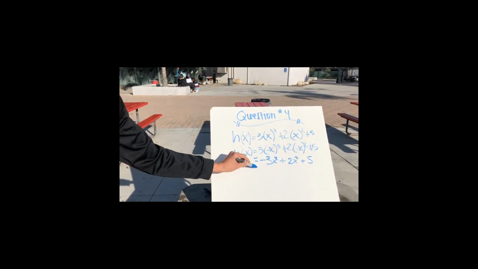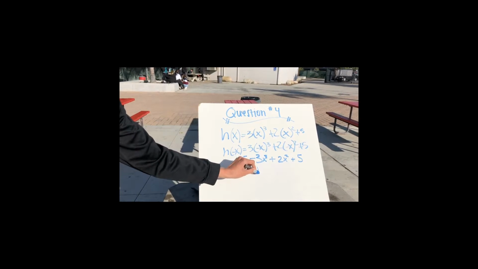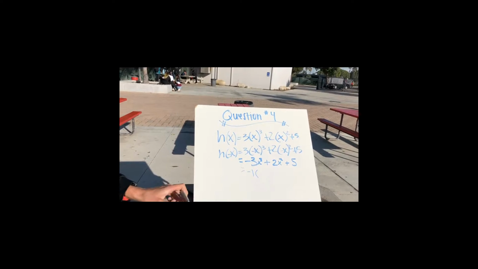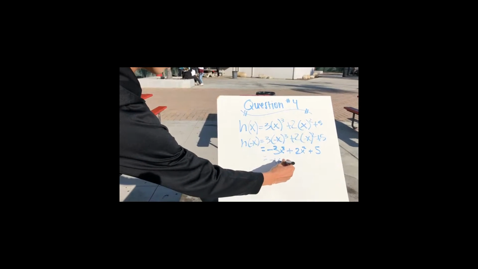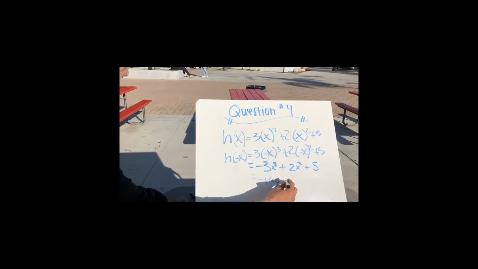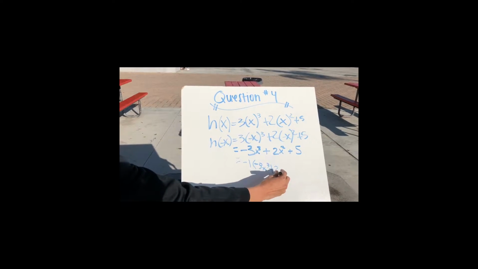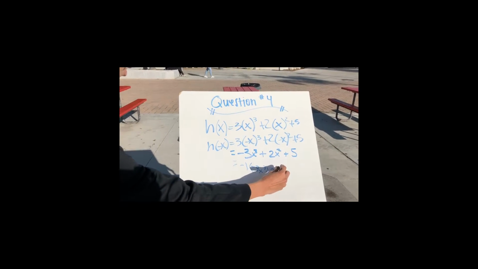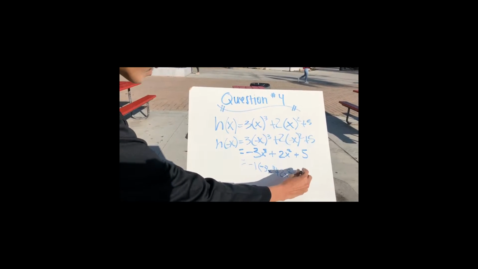Okay, let's try the distribution. Negative 3x cubed plus 2x squared plus 5.